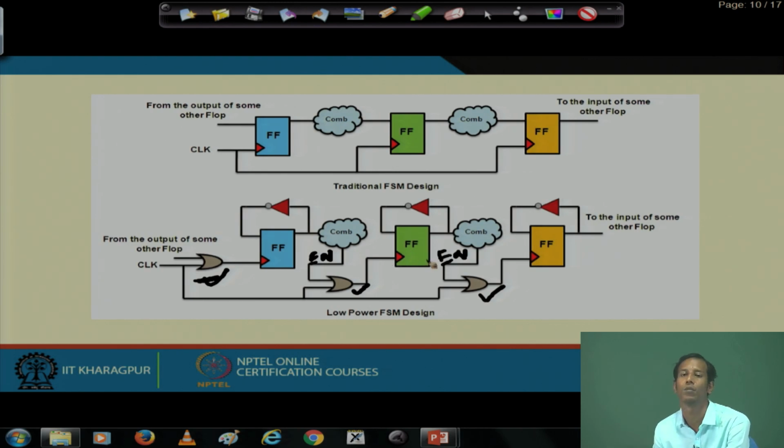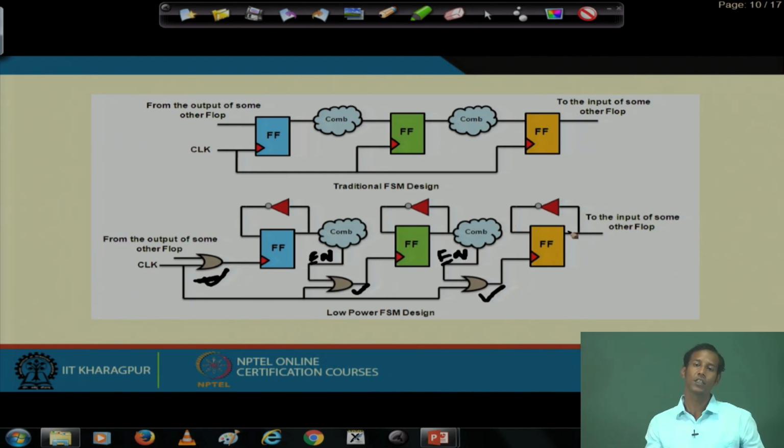That means the speed will also be reduced by a factor. So, area is increased, the speed is decreased, to achieve what? To achieve a good performance in terms of power consumption.